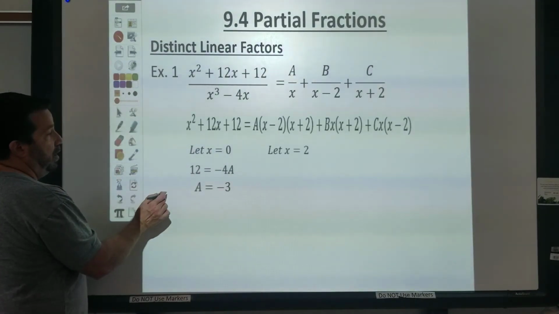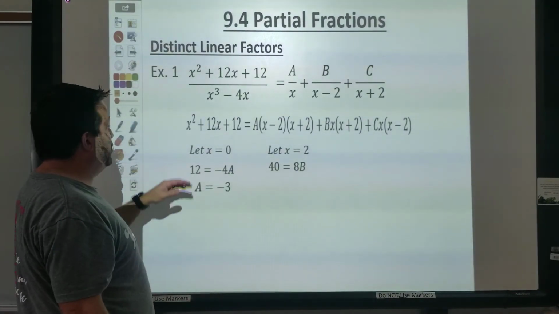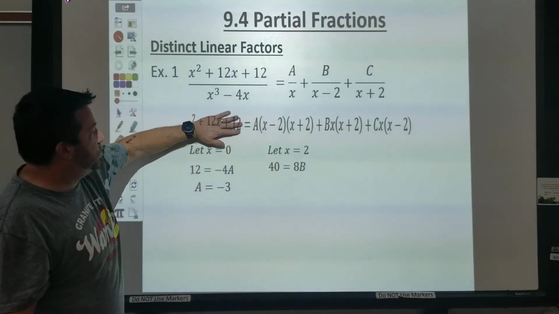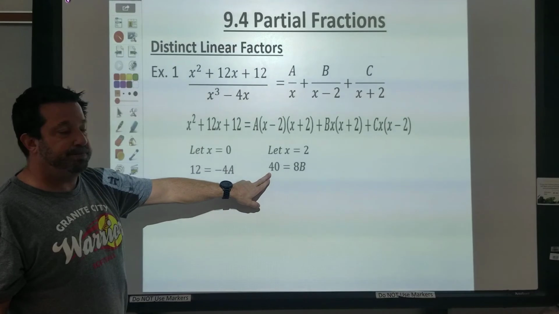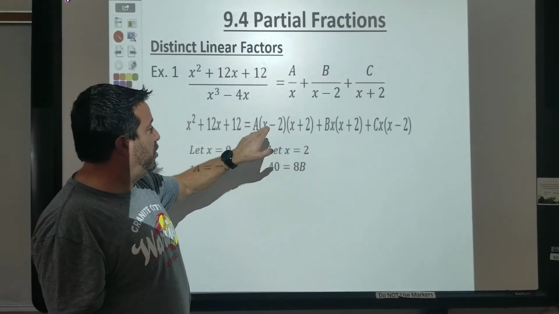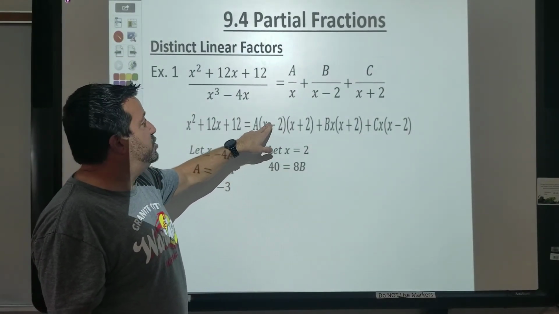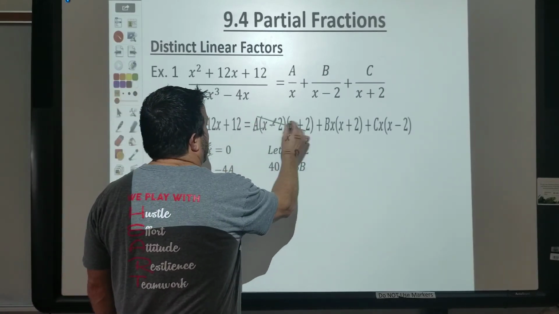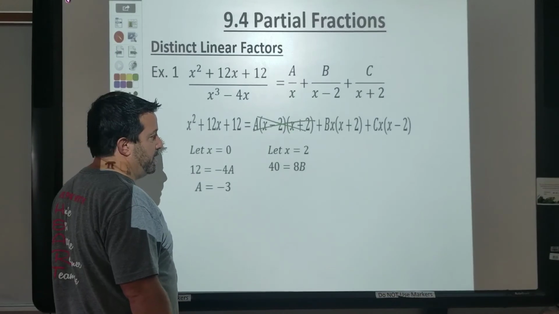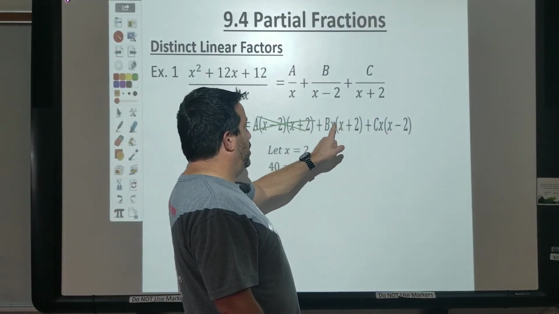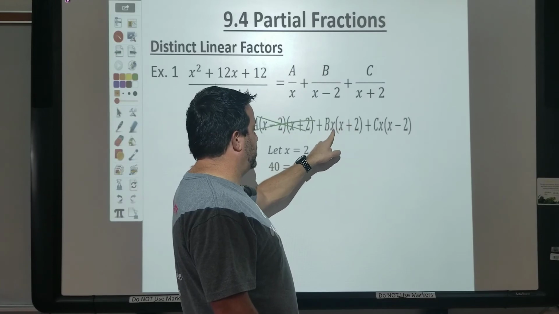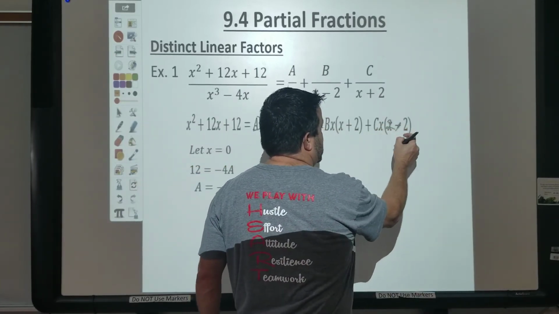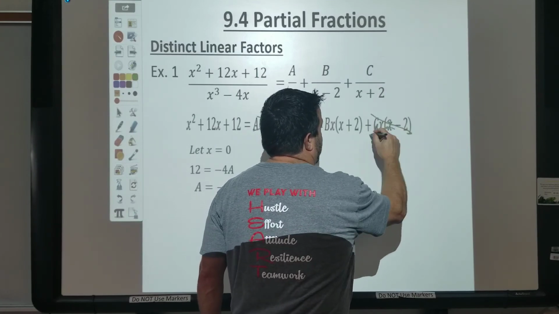And so if I let x equal 2, you put 2 in here: 2 squared plus 12 times 2 plus 12. This whole expression comes out to be a value of 40. If you put 2 in this factor specifically, 2 minus 2 is 0, and so that factor gets eliminated. And then if you put 2 in here, 2 times 2 plus 2, that'd be 4 times 2, that's 8, you get 8b. If you put 2 in this spot right here, 2 minus 2 is 0, that whole thing becomes 0.